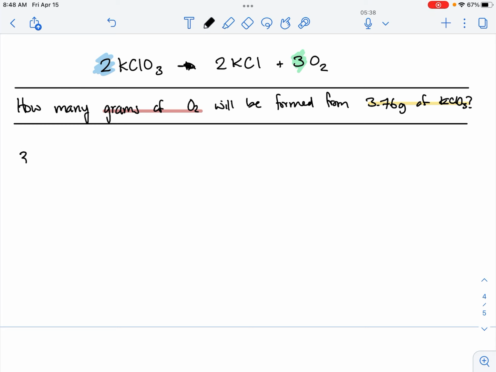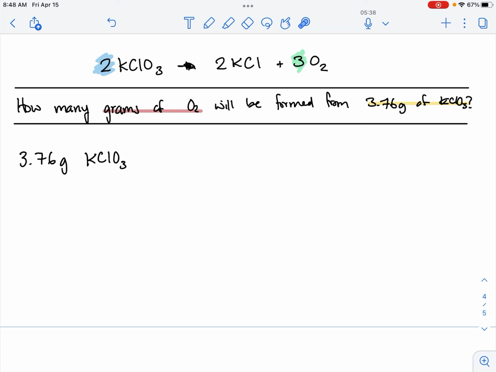So we start with 3.76 grams of KClO3, and I want grams of O2. The first step is, notice my units are in grams. I can't keep them in grams. In order to convert from one molecule to another, you have to work in the universal language, and that is moles.